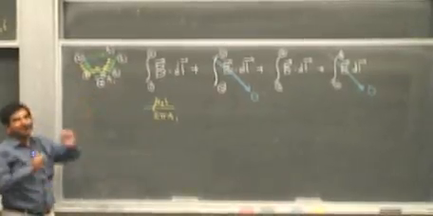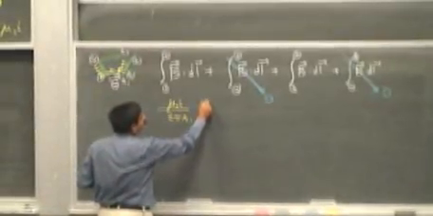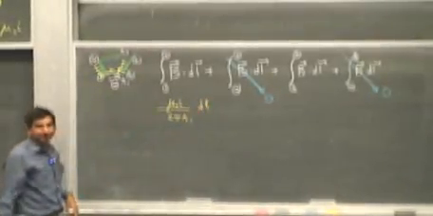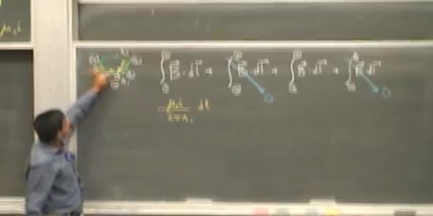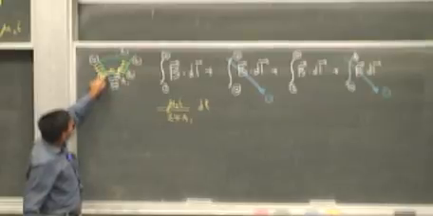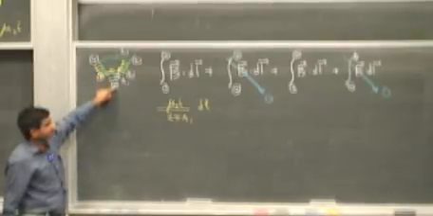And dl has some magnitude dl. This magnetic field is constant along this path because it's at a constant distance from the current carrying conductor.